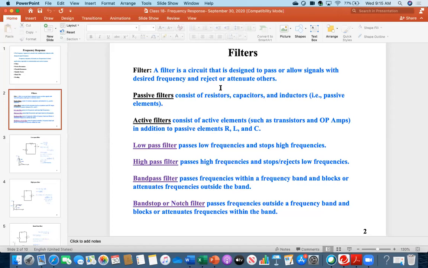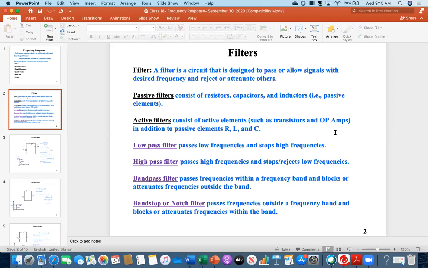So filters are basically of two types. One is called passive filters, and the other is called active filters. Passive filters consist of the common passive elements like resistors, capacitors, and inductors. Active filters have active elements like transistors and op-amps, operational amplifiers.